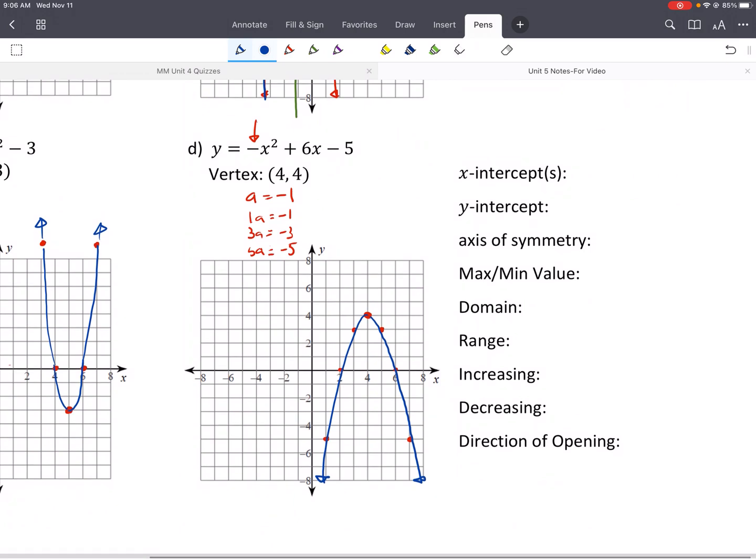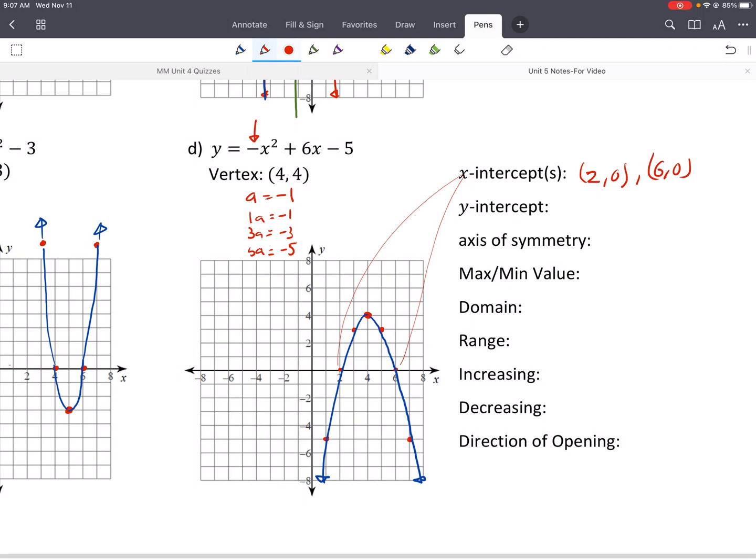All right, so pause and give D a try, just fill in those key features, and we'll be set. So here, x-intercepts again are right here and right here. So we would have 2, 0, and 6, 0. Y-intercept, okay. Here we can't see it yet, but in the future we'll talk about how we can find the y-intercept.